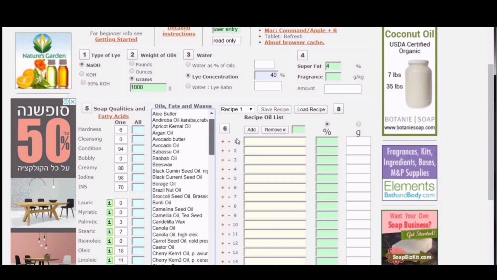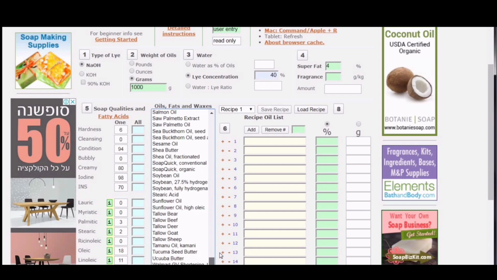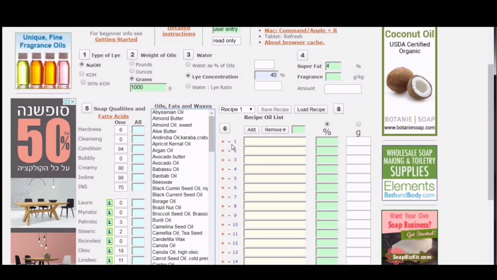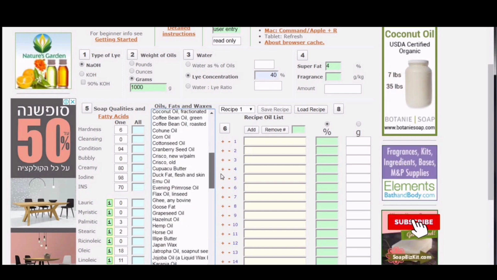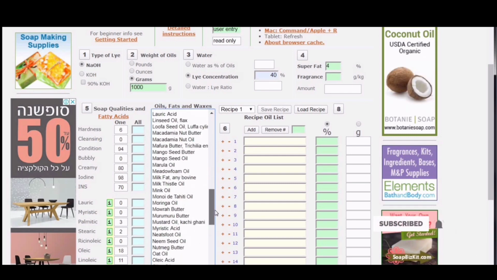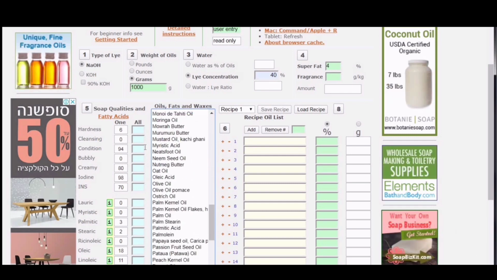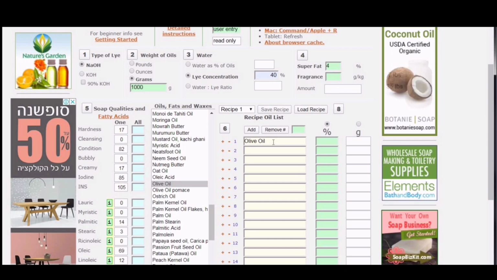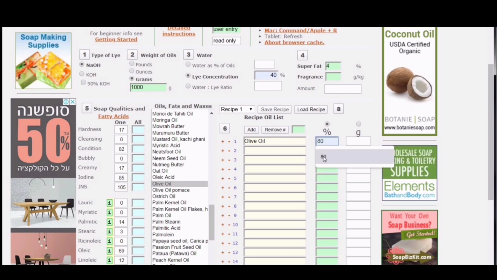So you just want to check for olive oil. Olive oil, and here it is. You come here, you click add, and it's here, and you want to input the percentage for olive oil, which is 80%.